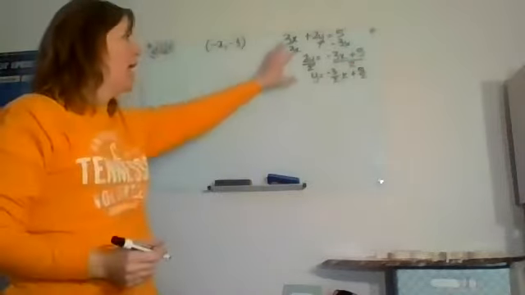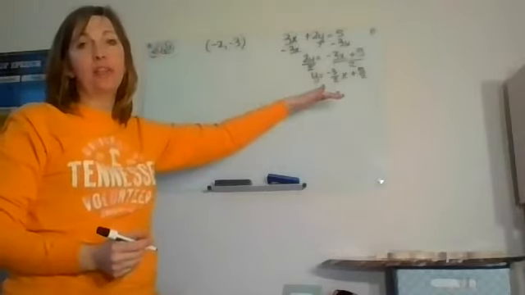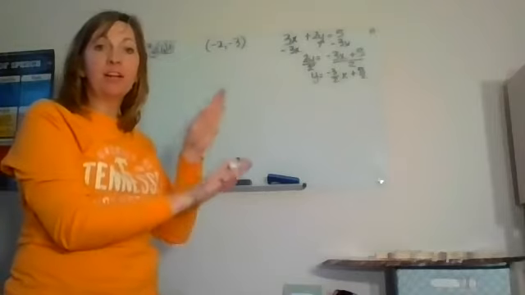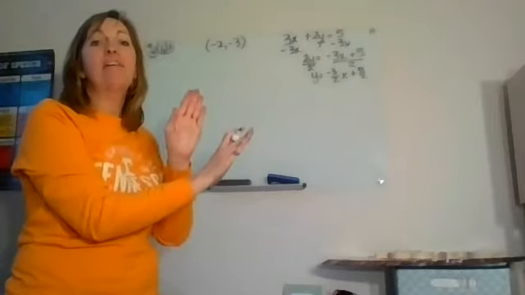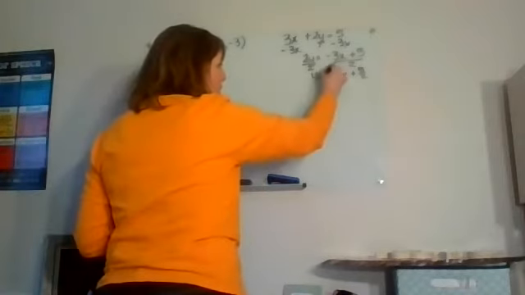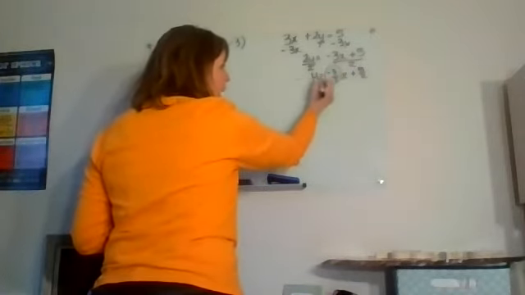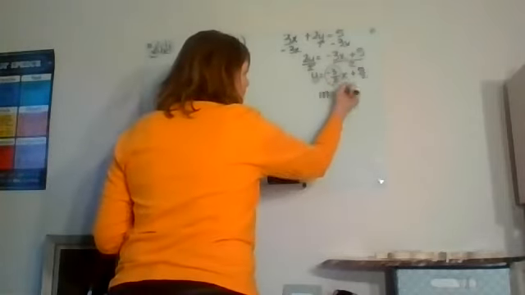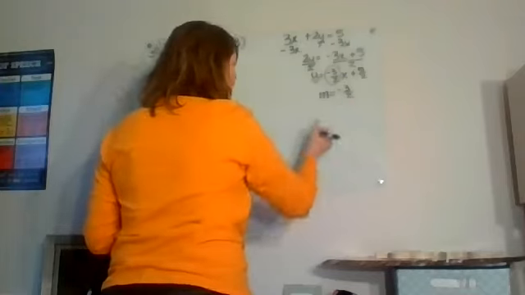Now, why did I need this equation to start with? Well, the only part of this equation I need to remember is that parallel lines have the same slope. So what is my slope? When I isolate y, it's the coefficient in front of the x. So in this case, I know my slope is negative 3/2.